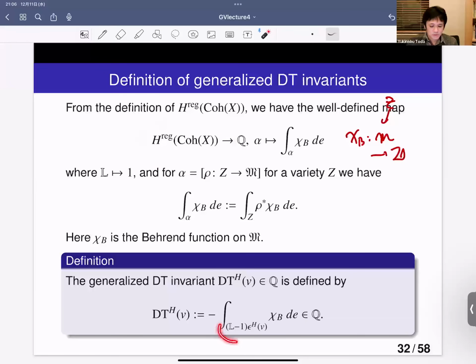Because this epsilon function is a regular element after multiplication by L minus 1, its chi-weighted Euler characteristic still makes sense as a rational number. So this is the definition of the generalized Donaldson-Thomas invariant. And from the construction, it equals the original DT invariant if the moduli space is fine.